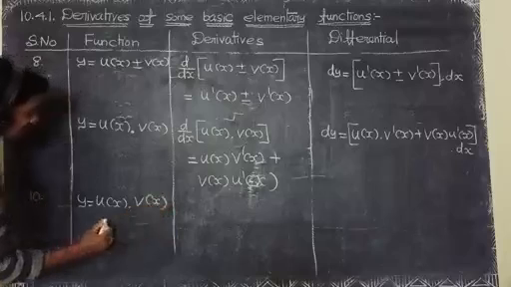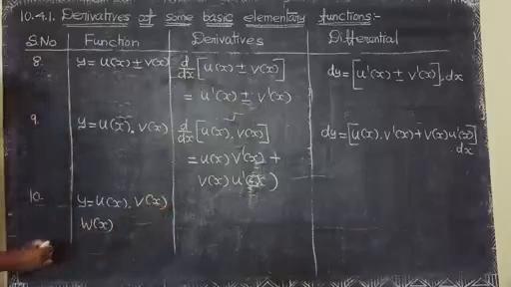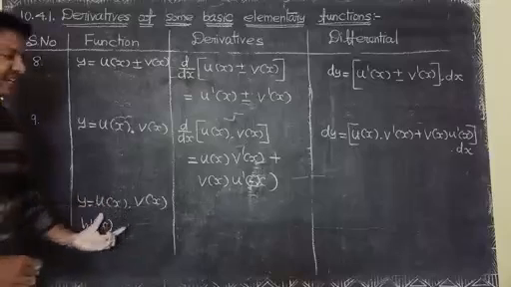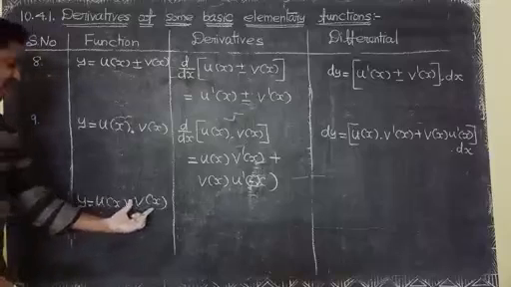Suppose we take more functions, that is y equal to u of x into v of x into w of x. Now we take the product of three differentiable functions, u of x, v of x, w of x.